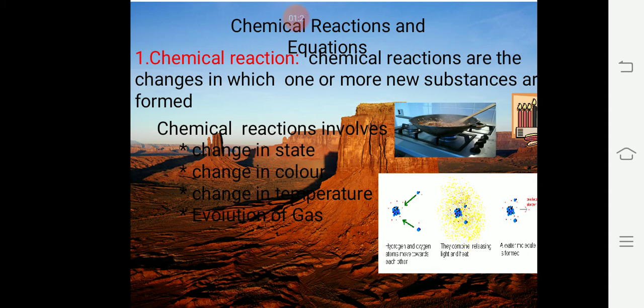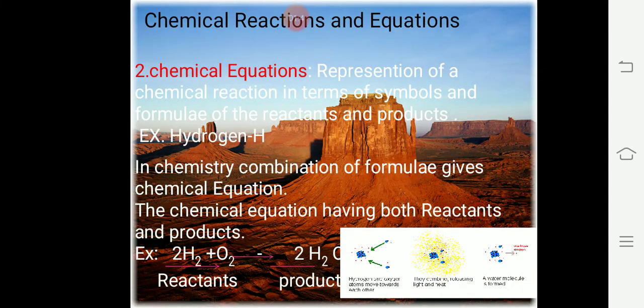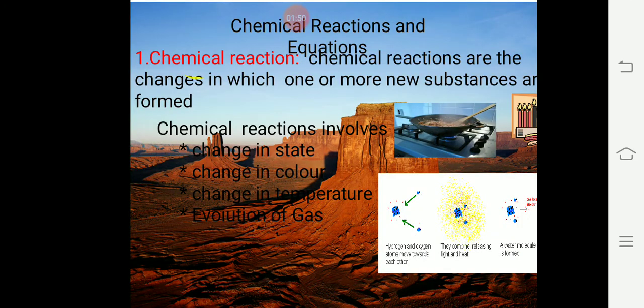The second one is cooking of food, this is also an example of a chemical reaction. Another example is formation of water. In this figure you can see two hydrogen atoms bonding with one oxygen atom to form the water molecule. This is also an example of a chemical reaction.